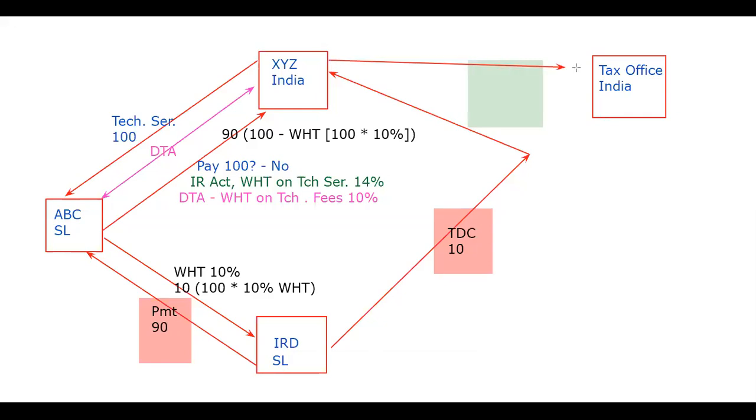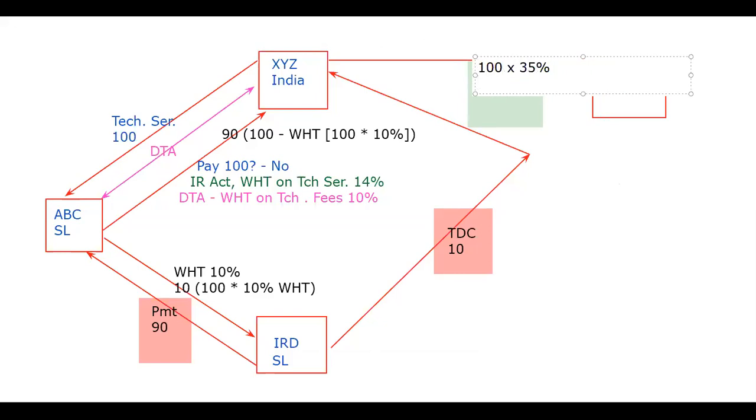Then they are required to file the income tax. They are required to pay tax on this 100 at the applicable rate, let's say 35% is the income tax rate.